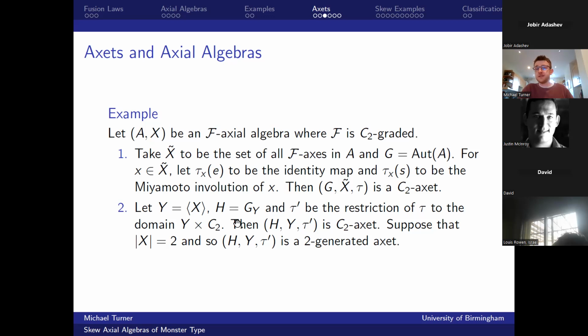If we take H to be the set stabilizer of Y in G, and tau prime to just be the restriction of tau to the domain Y times C2, then this is also going to be a C2 axet, and it's a much more manageable C2 axet to look at. Further, because we're looking at two-generated axial algebras, this is going to be a two-generated axet because X is two-generated, so Y has to be two-generated as well.